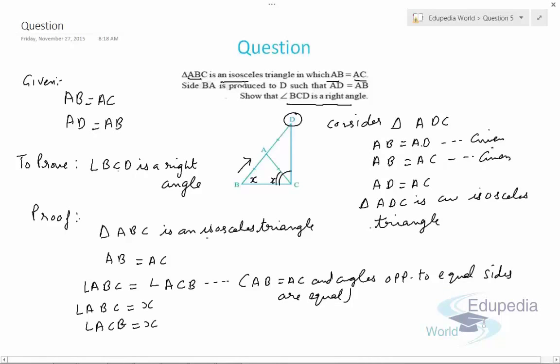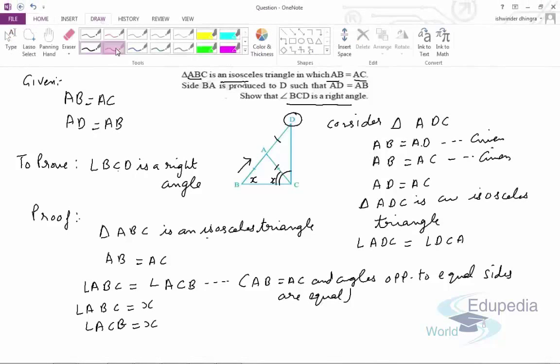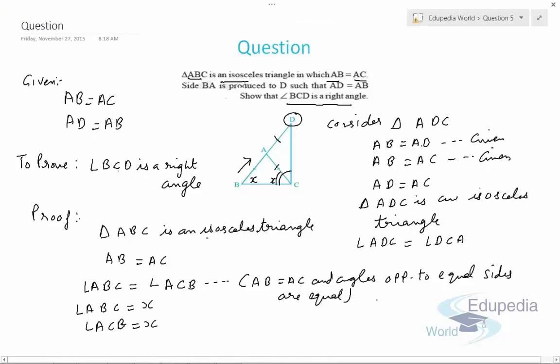This means these two sides are equal, so opposite angles should be equal. So angle ADC equals angle DCA. Now let me change the color so it will be better for you. Let angle ADC equal y. So angle DCA is also equal to y. So this angle is y, and this angle is also y.